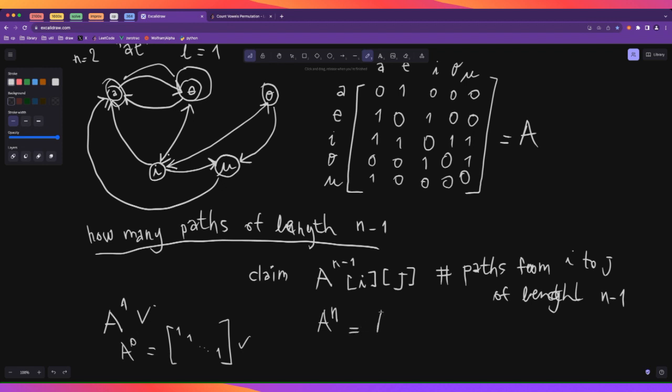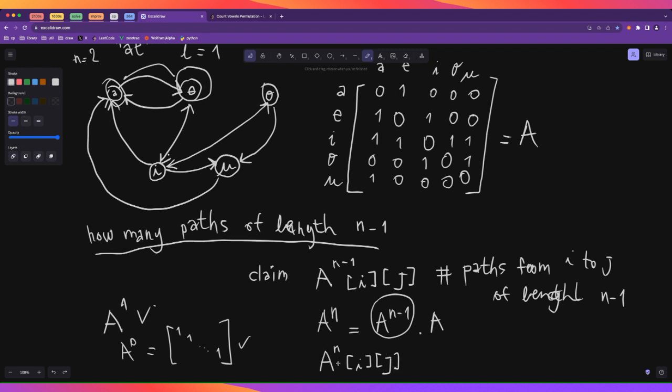We can write A to the n as A to the n minus 1 times A. And if we assume that the property holds for A to the n minus 1, which means that this counts the number of paths from I to J and so on, then if you remember how matrices are multiplied, this is the way.